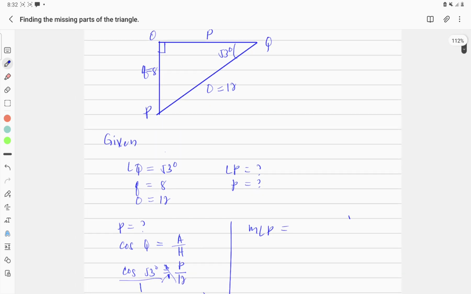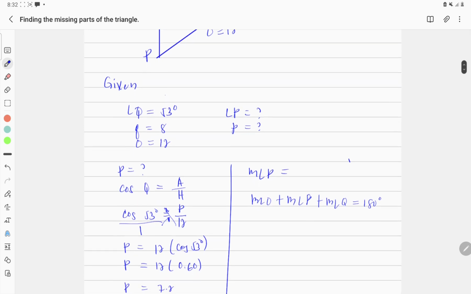So we have the measure of angle O plus the measure of angle P plus the measure of angle Q is equal to 180 degrees.